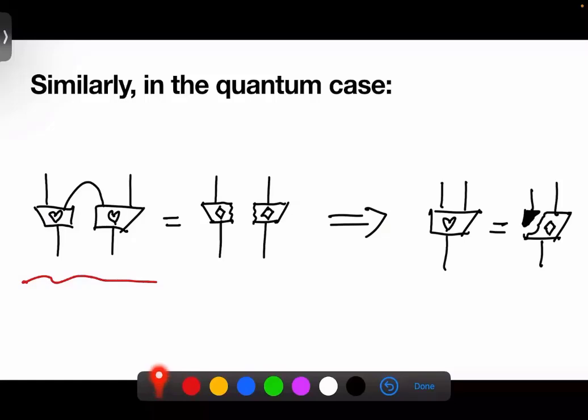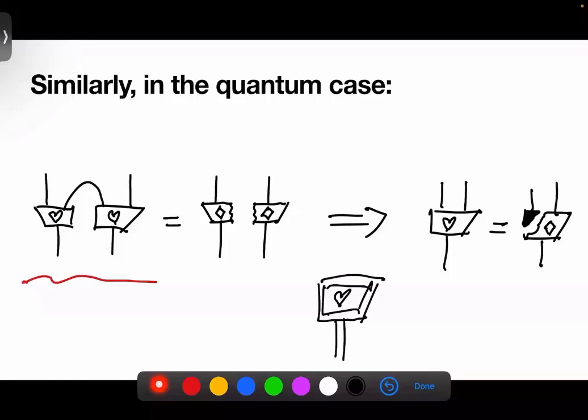So this is what I'm trying to say. If we look at it in terms of this doubled picture, what this would mean is that we have this hard state, but this is now a quantum box. So we double everything.